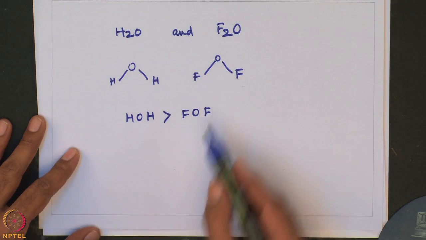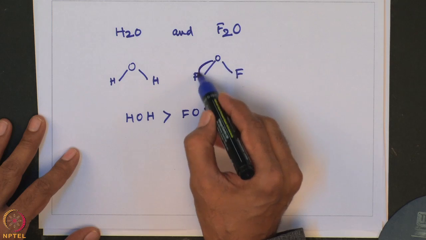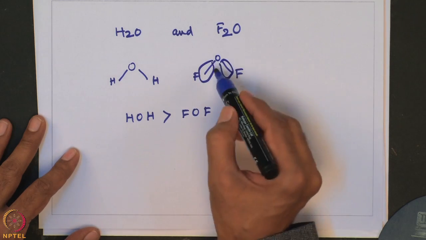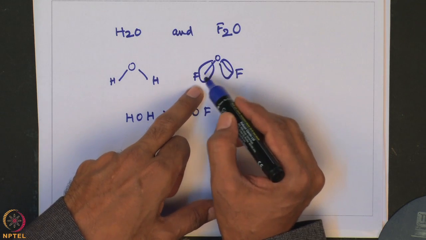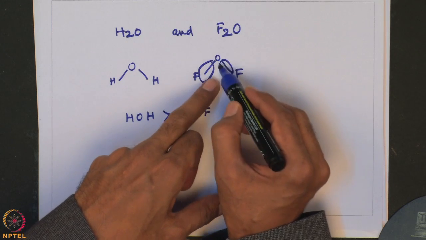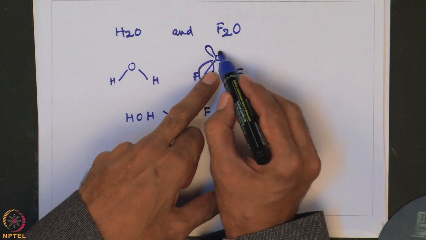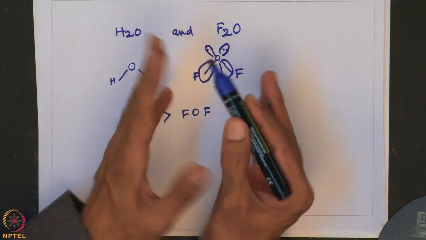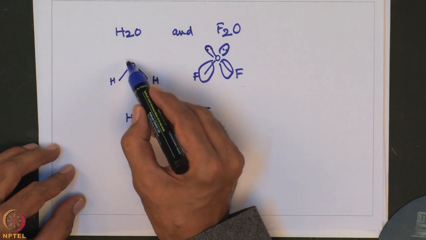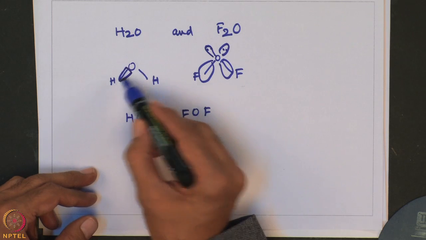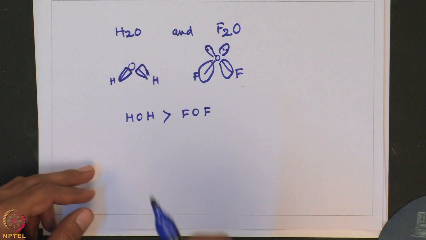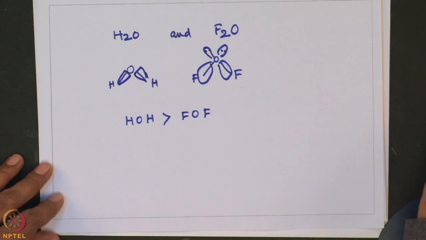This angle is larger and this is smaller, because here the electron density is something like this. Since electron density drops towards fluorine atoms, here angle shrinks so that it can give more space for these lone pairs to minimize interelectronic repulsion. Whereas here this angle will be a little larger because electron density is residing more on the oxygen atom.